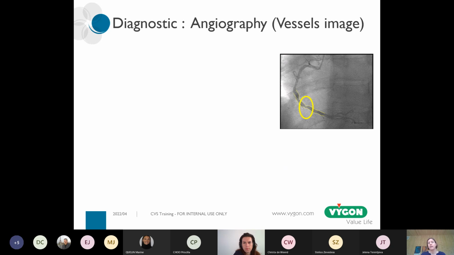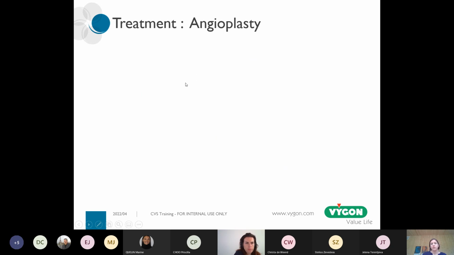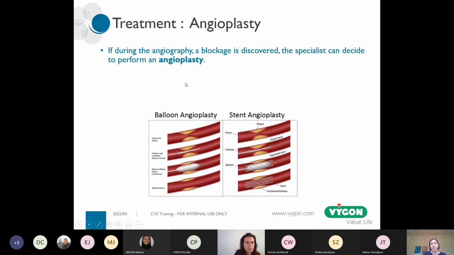To diagnose this stenosis, the doctor will use X-ray imaging with injection of contrast media, and he will detect the blood flow blockage. Here you can see a stenosis. The treatment is an angioplasty, which is a mini-invasive procedure.